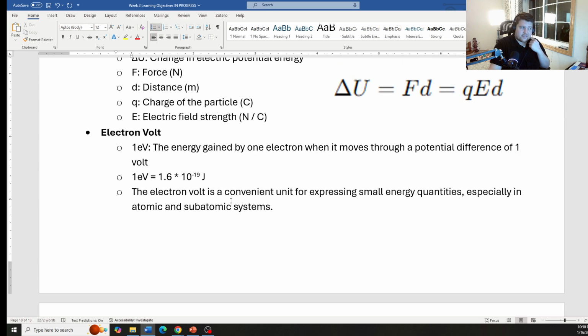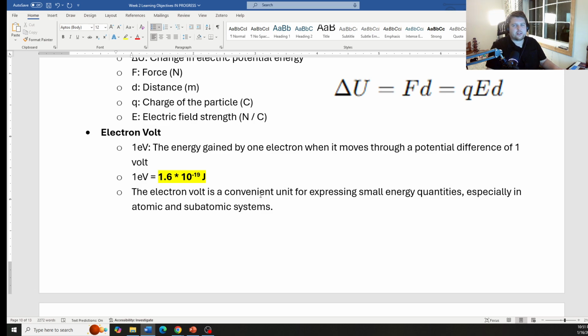Continuing, more definition type stuff. We sometimes use something called an electron volt. This is the energy gained by one single electron when it moves through a potential difference of 1 volt. It is equal to 1.6 times 10 to the negative 19 joules.